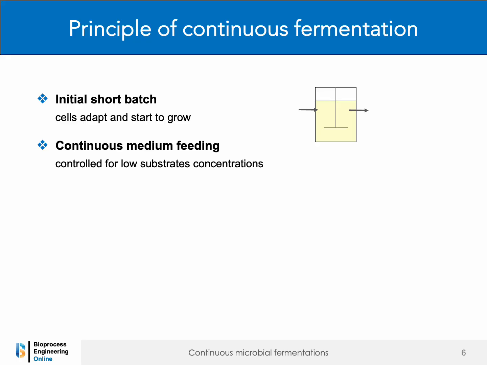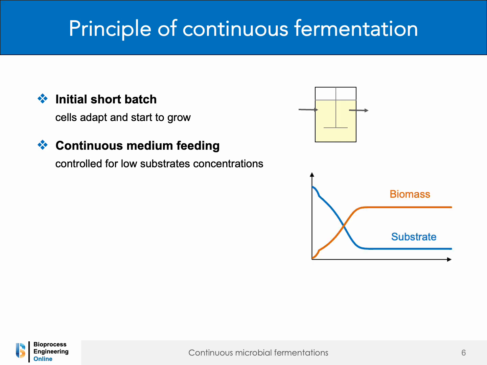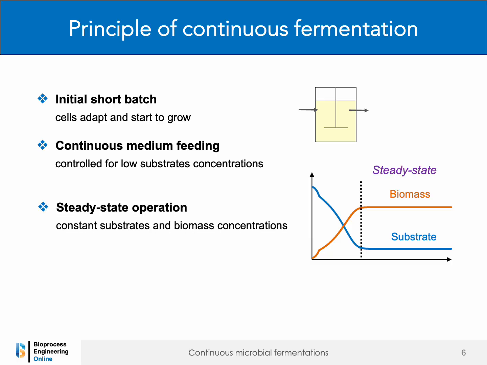At the same time, an equal flow of culture broth is withdrawn in order to maintain a constant working volume. At a fixed medium flow rate, the system enters a dynamic phase in which substrate and biomass concentrations vary over time. Eventually, the process may reach a steady state, characterized by constant substrate and biomass concentrations within the fermenter.